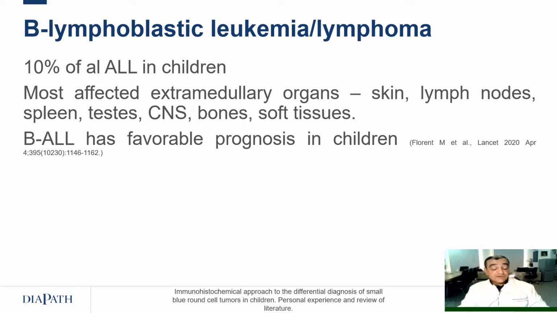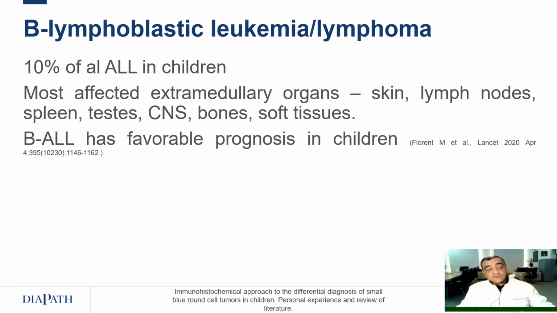It must also be remembered that B-type ALL is commonly seen without involvement of the peripheral blood and bone marrow, so it is commonly seen as an aleukemic type.